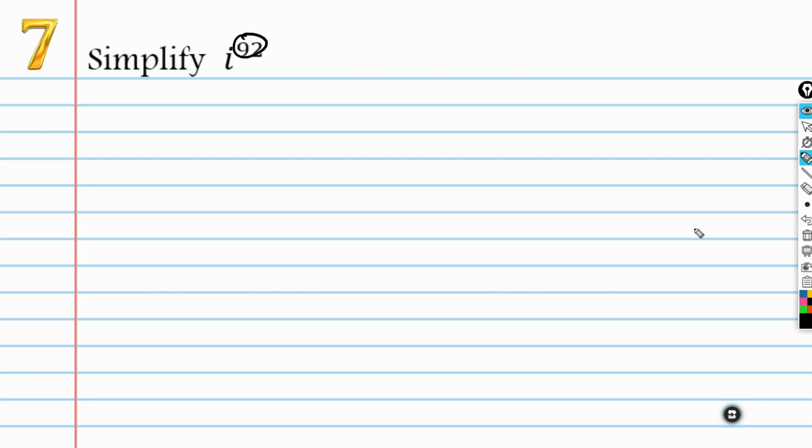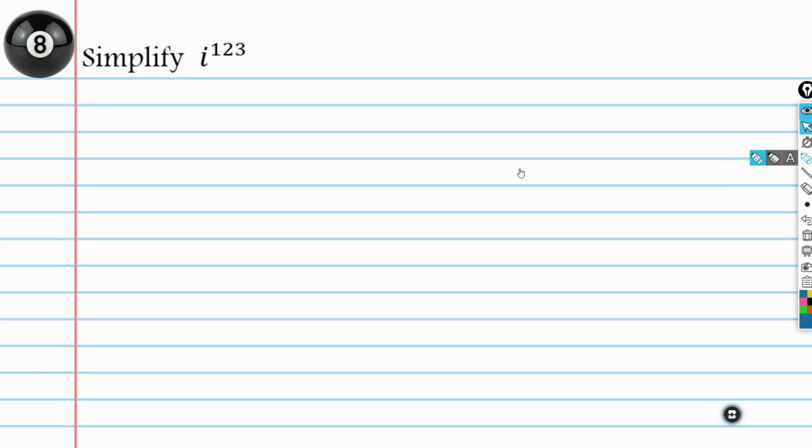So we're going to take our power. Our power is 92. It's even, so all I'm going to do is divide it by 2. When I divide 92 by 2, I end up with 46. This number is even, and so my answer is simply 1. Let's do this next one.